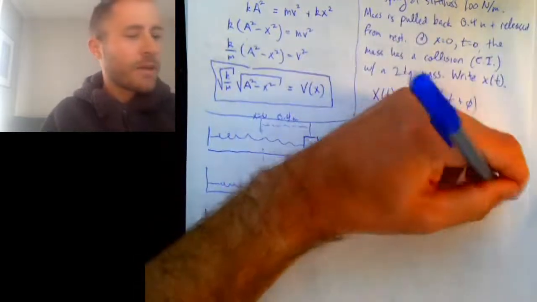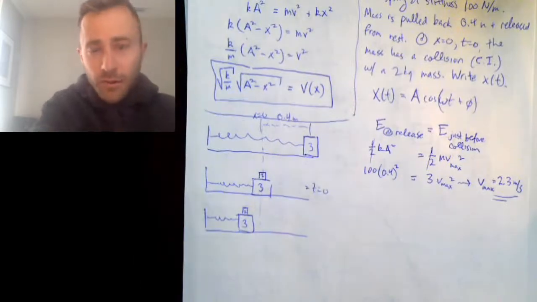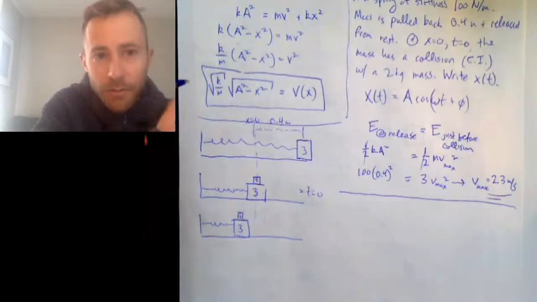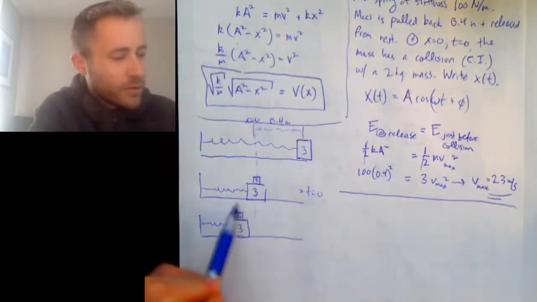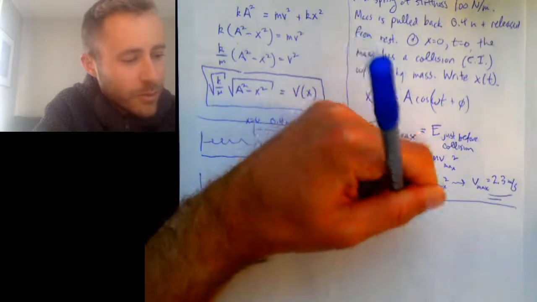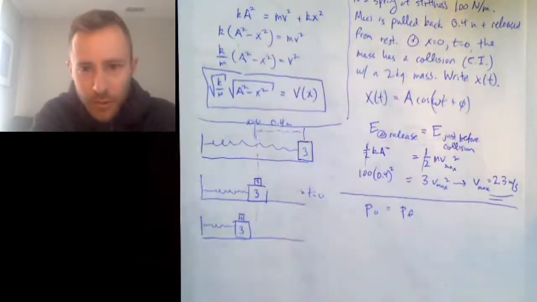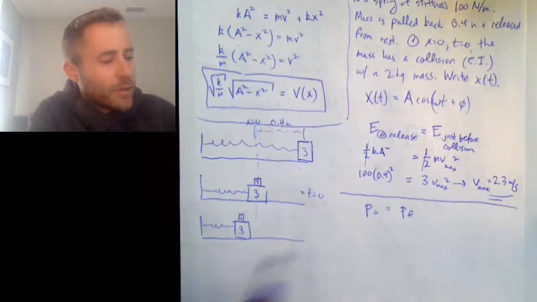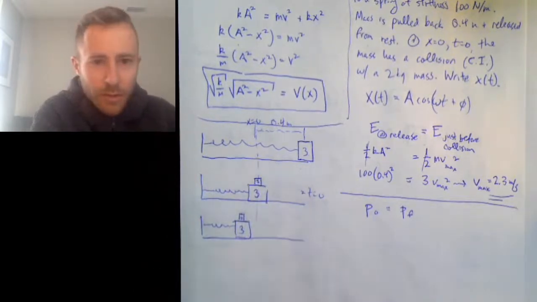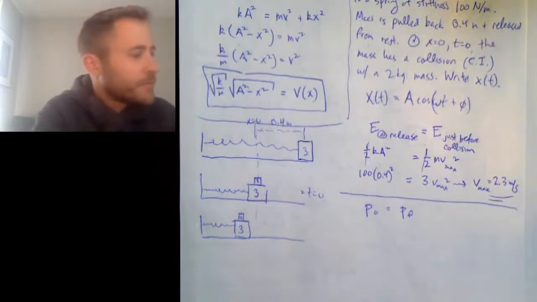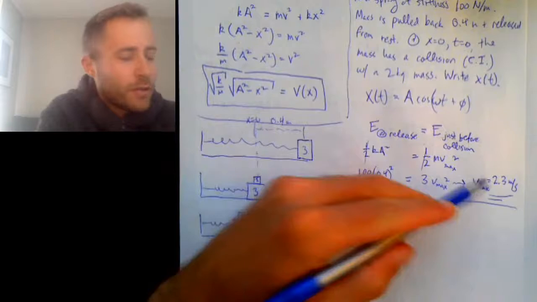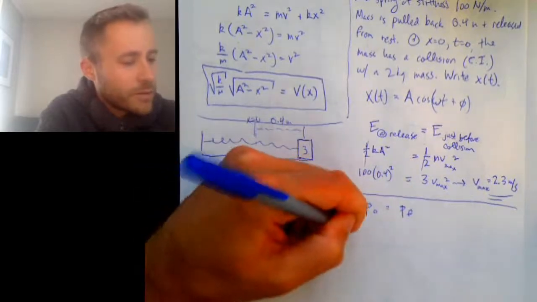All right. Now, during the collision, I'm going to use conservation of momentum. This is a completely inelastic collision. So I have P initial equals P final because momentum is conserved. Initially, we have 3 kilograms moving to the left at 2.3 meters per second.